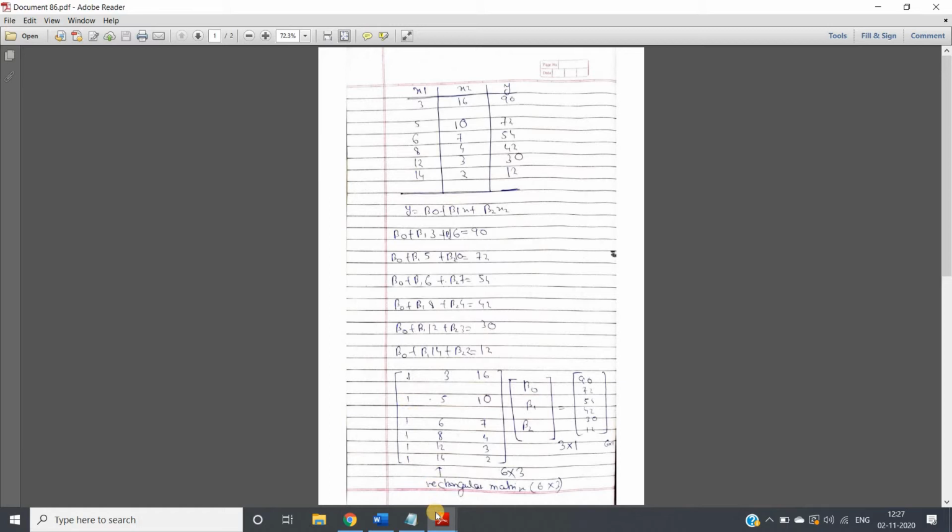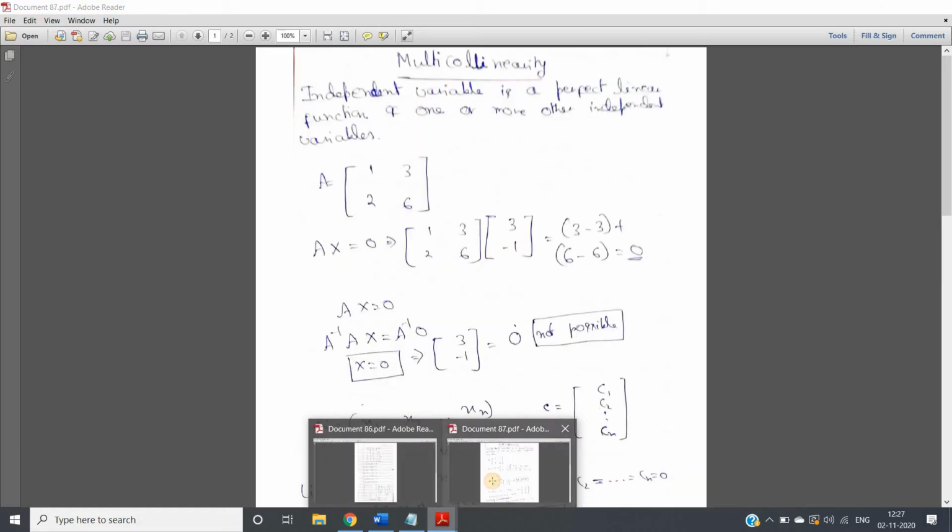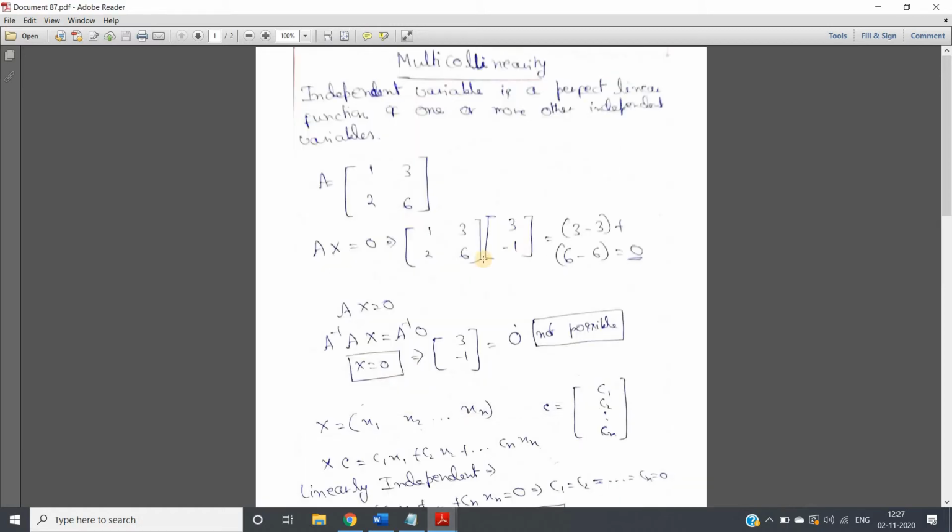Now there is one concept which you must consider while applying multiple linear regression, and that is multicollinearity. What is that? Multicollinearity means an independent variable is a perfect linear combination of one or more other independent variables.